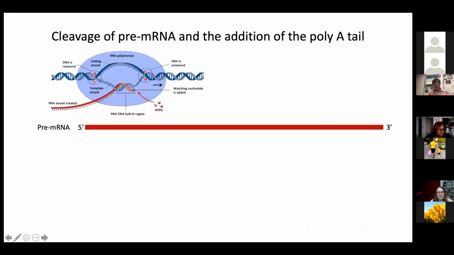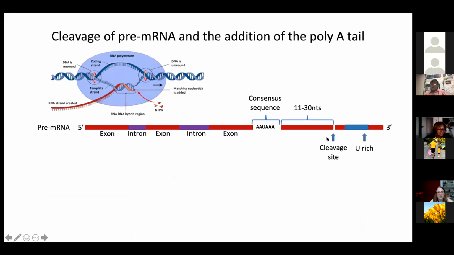Before I go into it, I just want to remind everybody how this works when you produce an RNA. We have DNA, we have the transcription into the RNA, and we produce a pre-mRNA, which is composed of exons and introns and has somewhere a so-called consensus sequence, which is important together with the U-rich region for a cleavage, which is more or less 11 to 30 nucleotides, although we observed different sizes downstream of this consensus sequence.